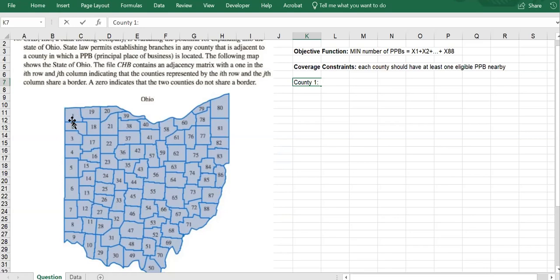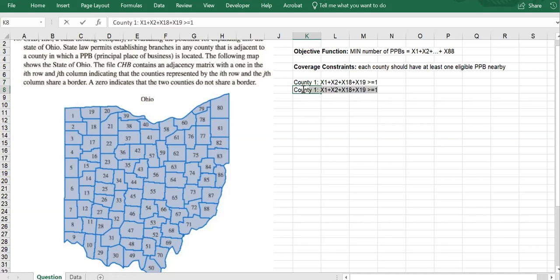You can have a branch in county 1, right? So this is the number of PPBs that can cover county 1, and that has to be greater than or equal to 1.